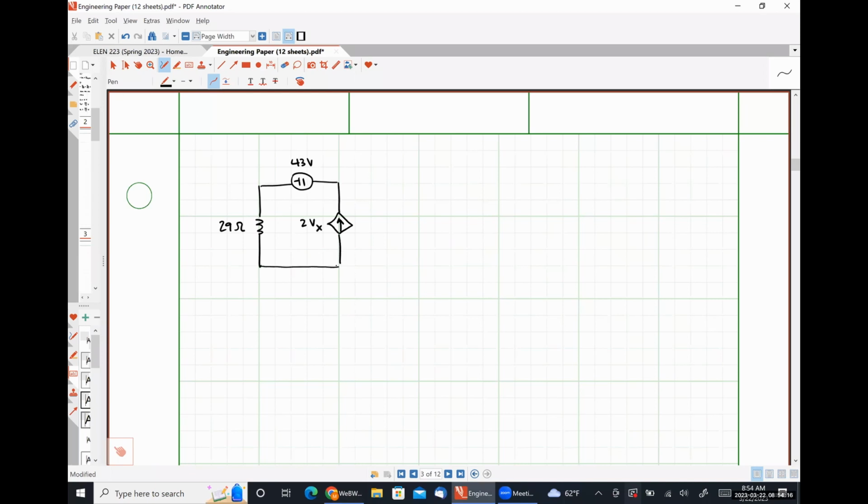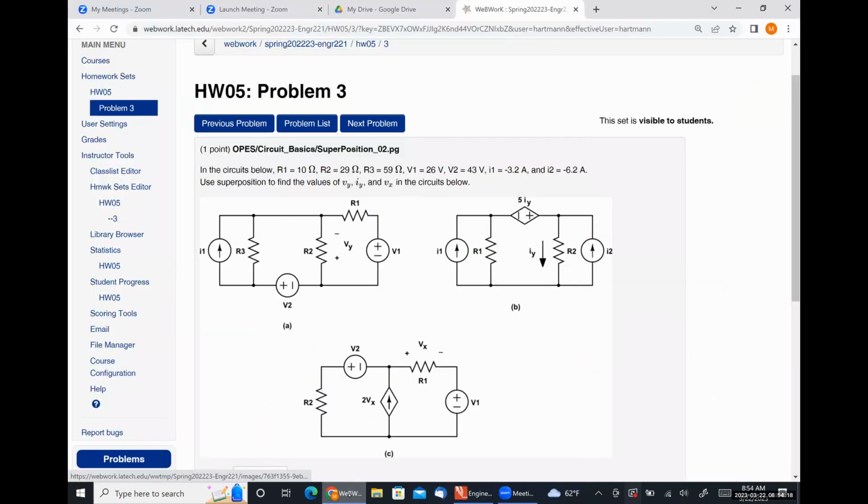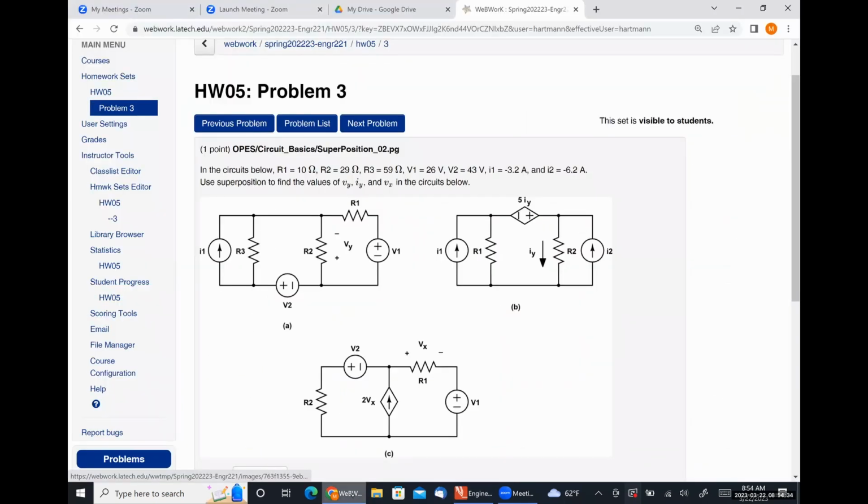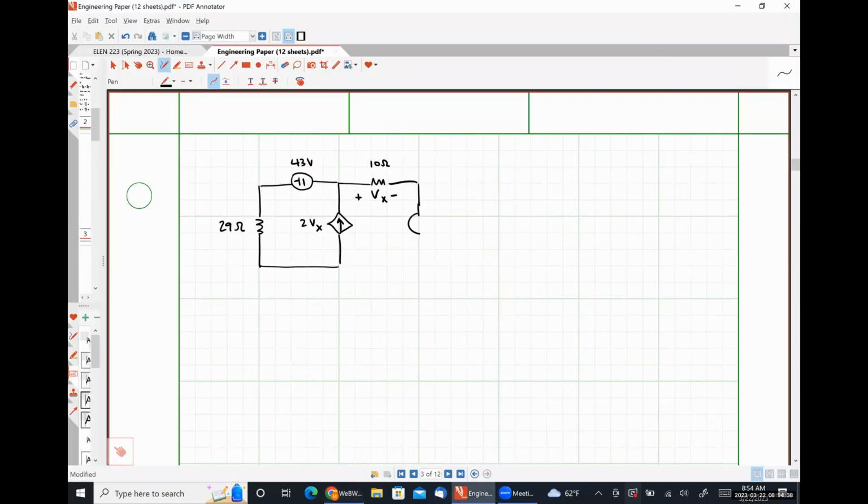Vx has positive polarity on the left, R1 is 10 ohms. Then I have another voltage source here, positive polarity on top, B1 is 26 volts. All right, and we're just solving for Vx, is that correct?